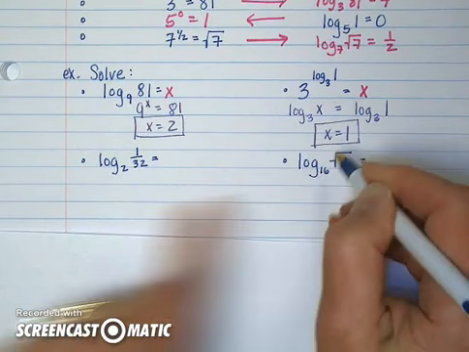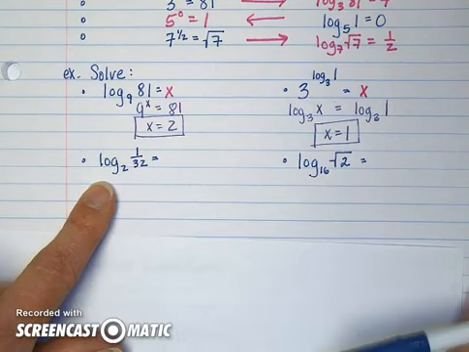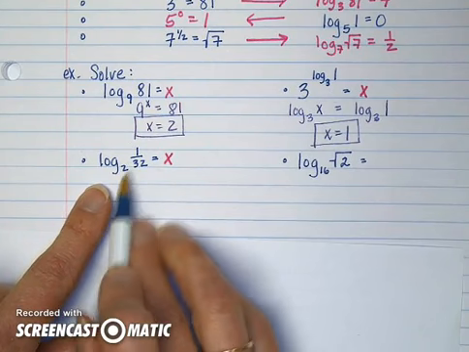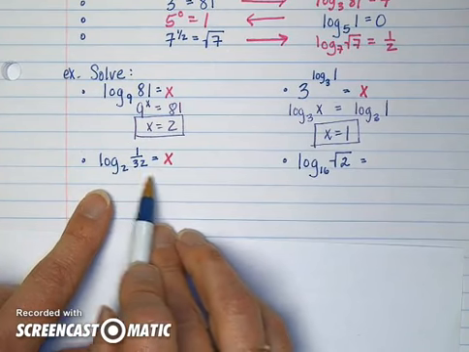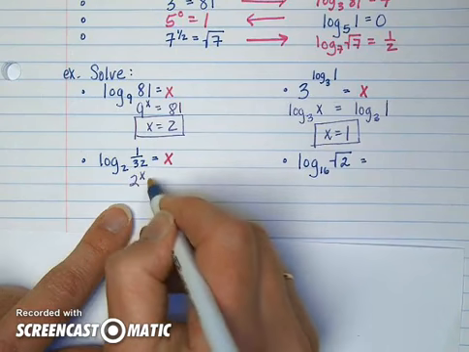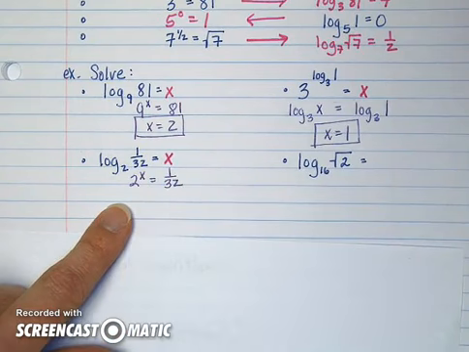Let's try this one. Again, log base 2 of 1 over 32, let it equal x. It's written logarithmically, so let's write it exponentially. We're going to say 2 to the x equals 1 over 32. That trips people up sometimes. If that was just 32, you could say, oh, well, Ms. Reams, 2 to the 5th is 32.